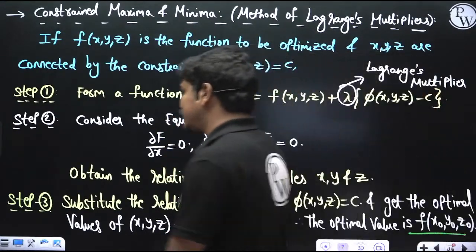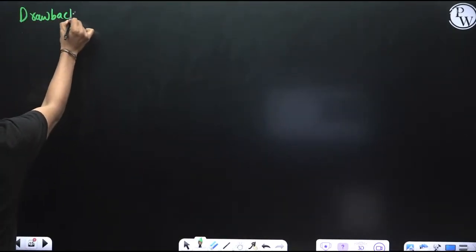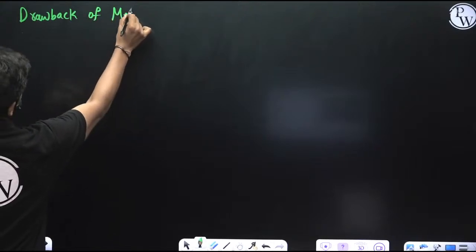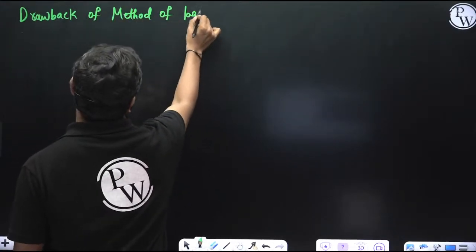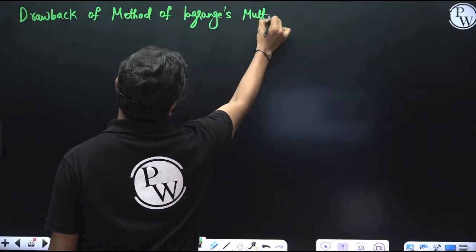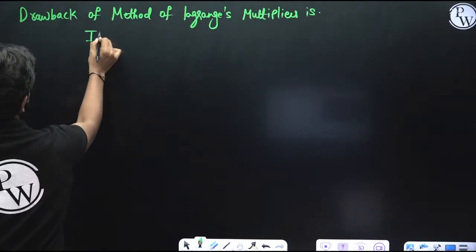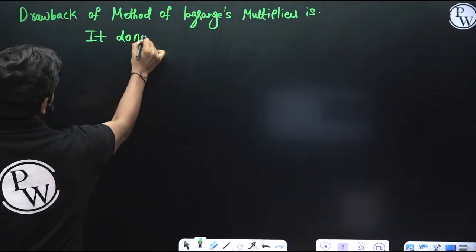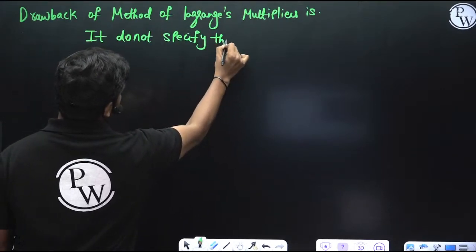So I'll write here the main drawback of the method of Lagrange's multipliers: it does not specify the nature of the singular point.